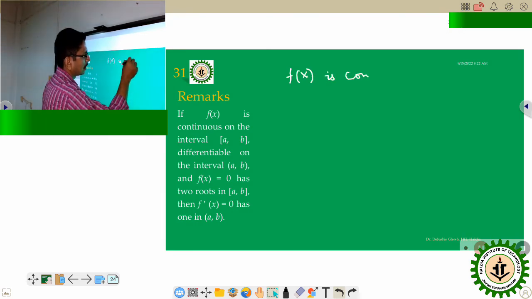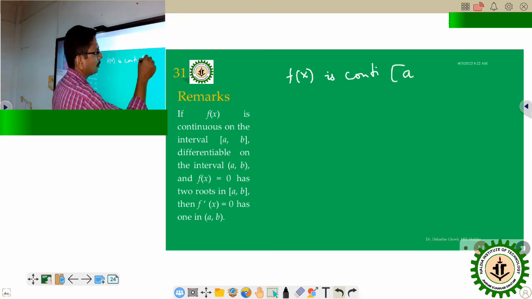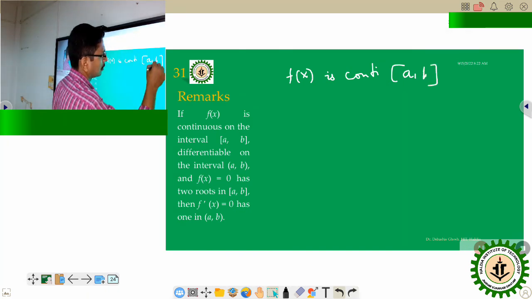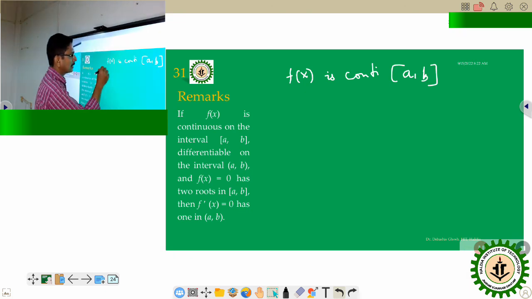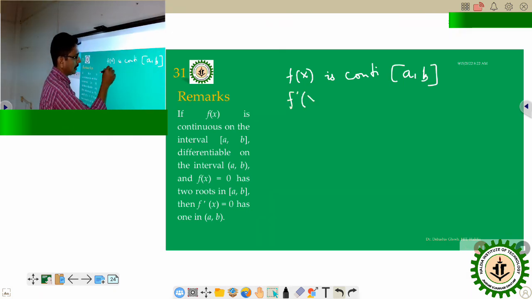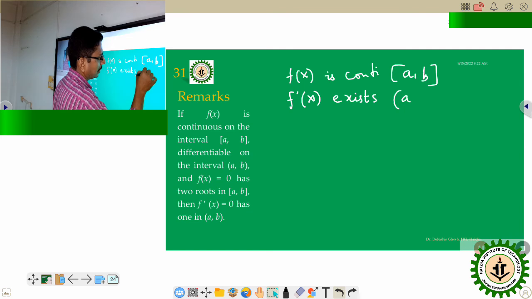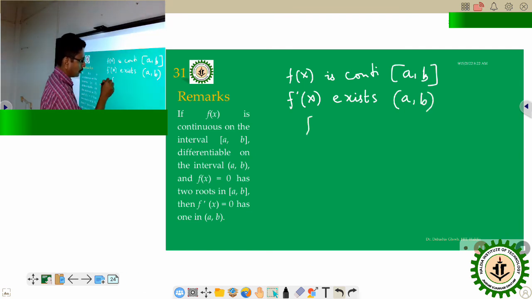We consider that f'(x) exists over the open interval (a, b), and we know that in Rolle's theorem we have f(a) = f(b), and we are considering instead a particular case, that is f(a) = f(b) = 0.